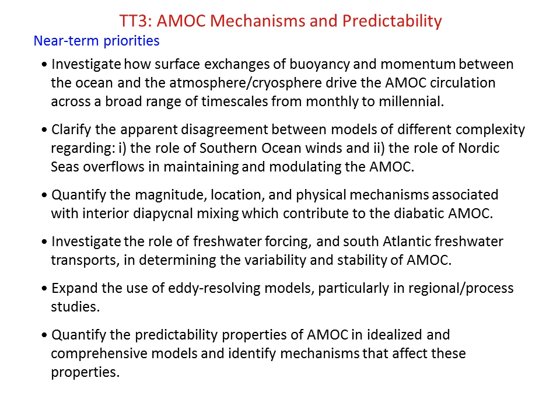It includes clarifying the apparent disagreement between models of different complexity regarding the roles of Southern Ocean winds, for example, and the Nordic Sea overflows. And another item, for example, is essentially having a larger role for eddy-resolving models. I'm not going to go through all of this because you can read them in the annual report as well.